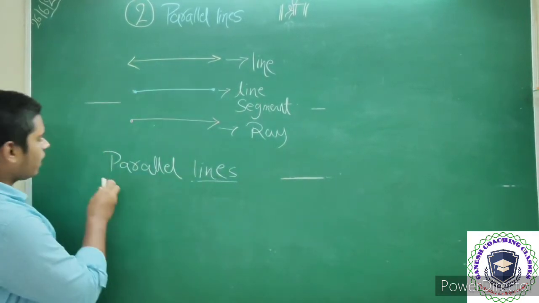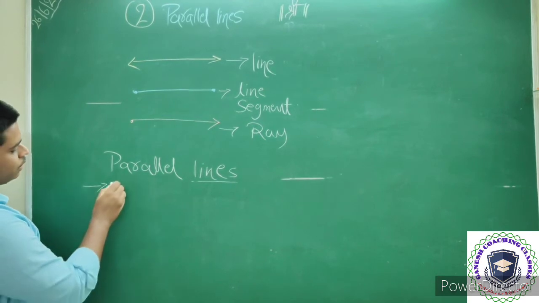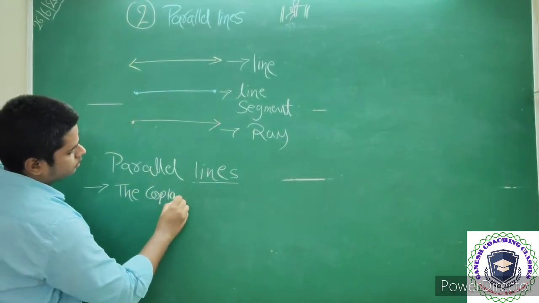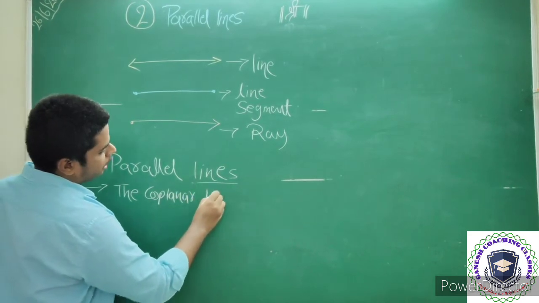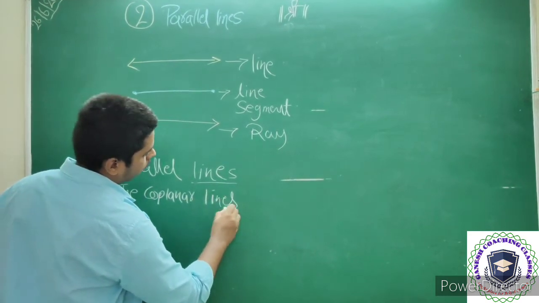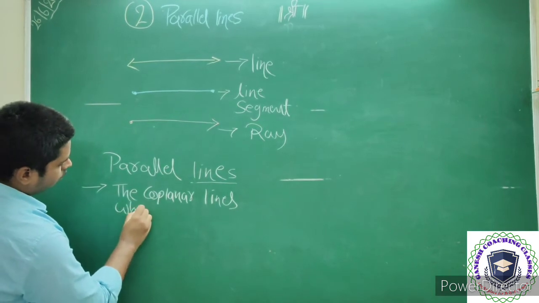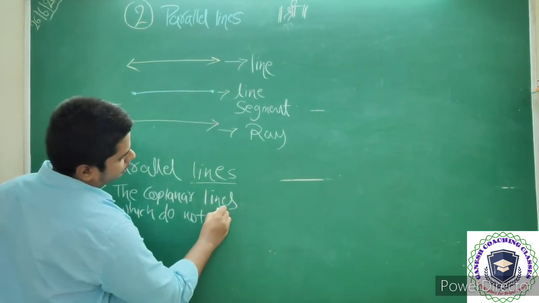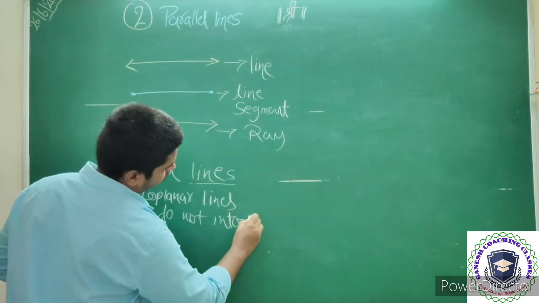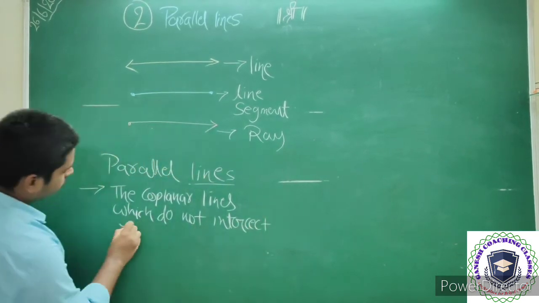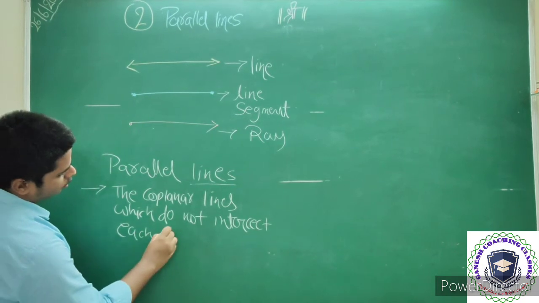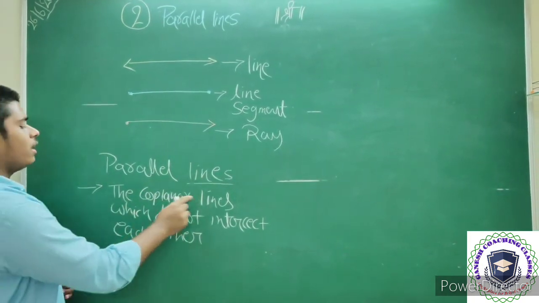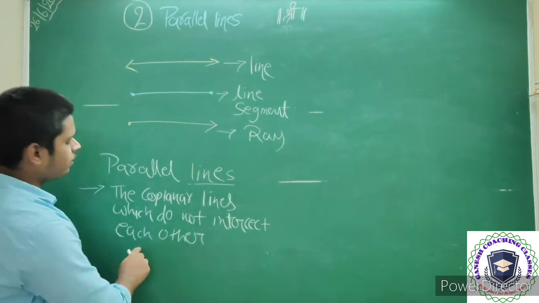Parallel lines are defined as coplanar lines which do not intersect each other. The definition of parallel lines is the coplanar lines which do not intersect each other.